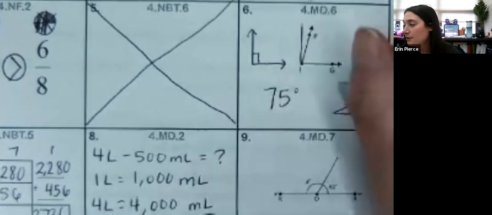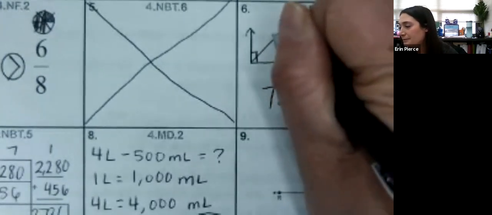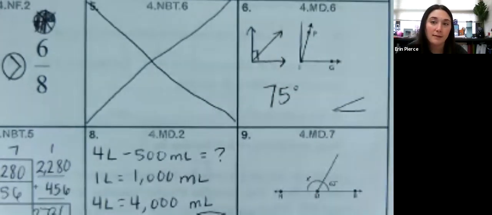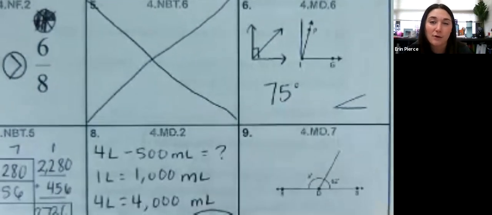A 45-degree angle is actually halfway through a 90-degree angle. Okay? So even though we're not completely there yet, if you know what a 90-degree angle looks like, it can be very helpful on a question like that when you don't have a protractor yet.